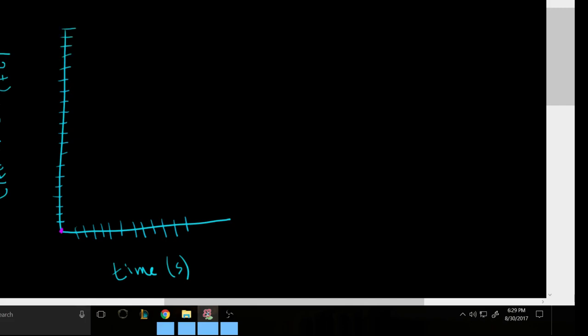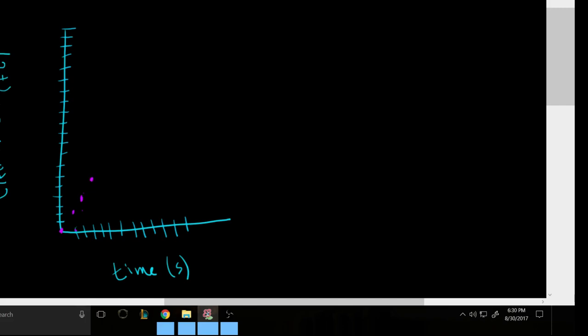Alright, so Duke's starting at the bottom and he's increasing his elevation by 2 feet every second. So for each second, he's going to go up 2 feet. So into the next second, he goes up 2 feet. And into the next one, he goes up 2 feet.